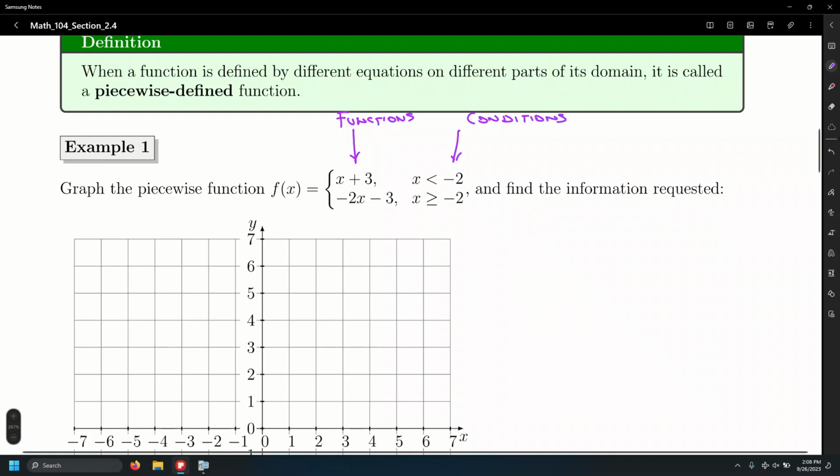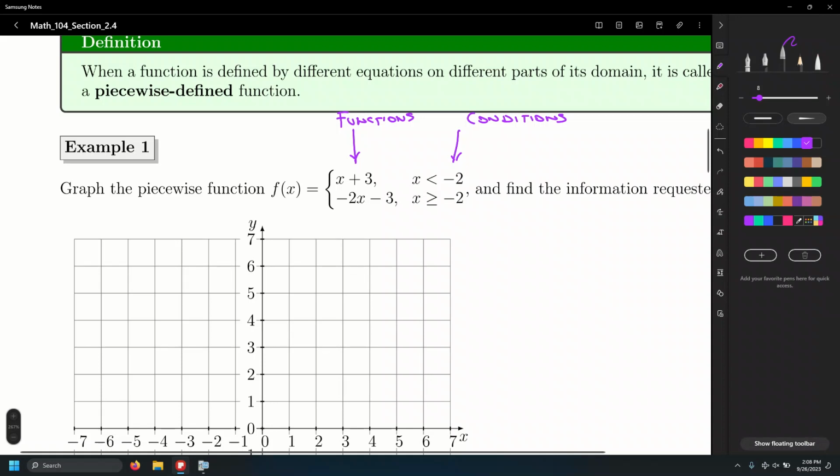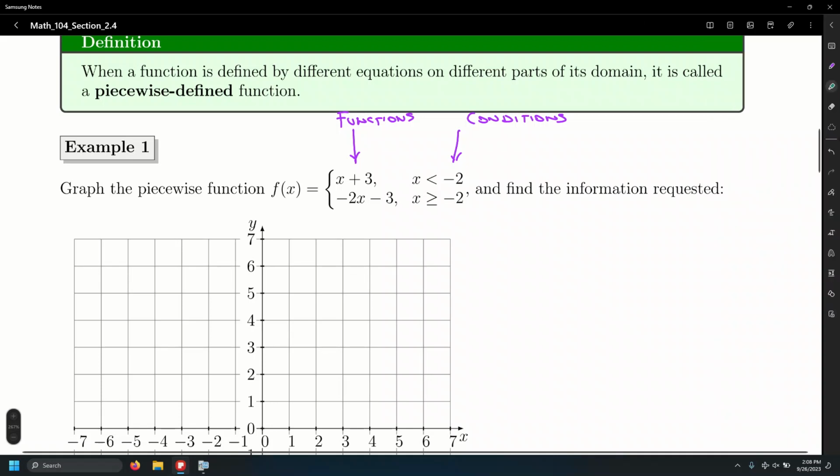So this is what we're going to do. Let me highlight each of the functions along with its condition with one color.